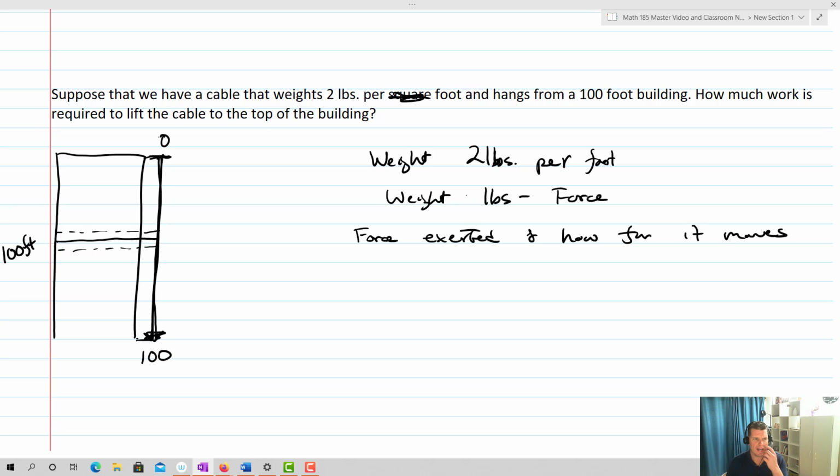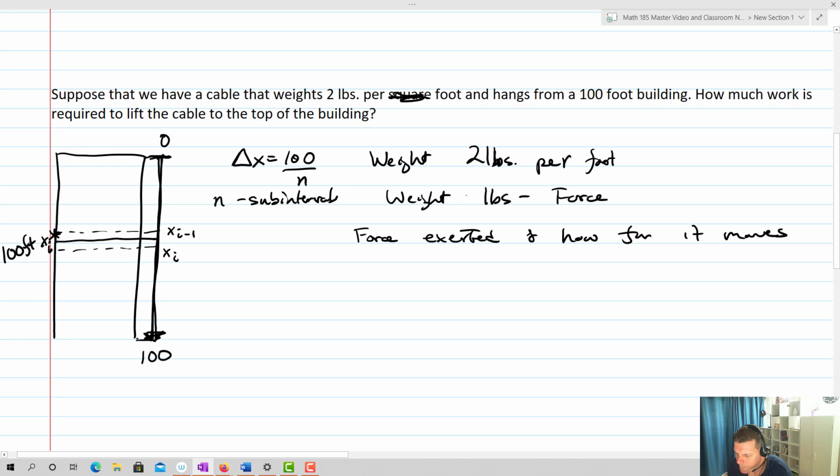So our delta x is going to equal 100 divided by n, because we have n subintervals, just like we've been doing in all of our calculus thus far. We're going to look at this ith interval. This point right here is xi star, some point in between xi minus 1 and xi.